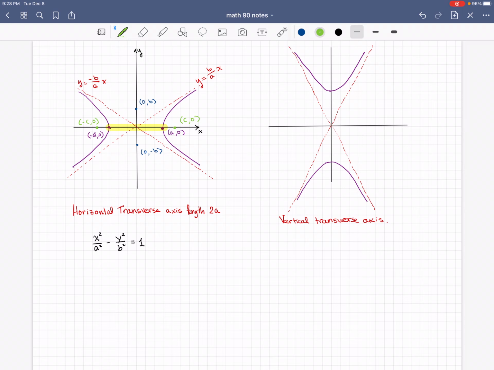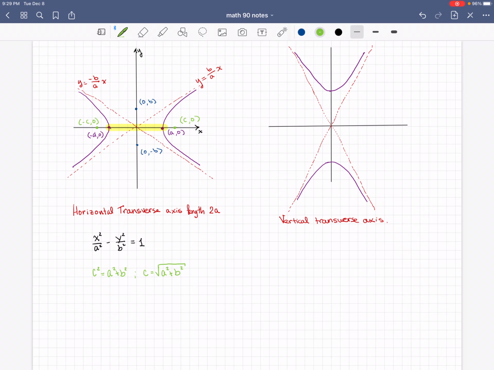Very similarly to the way in which we express c in terms of a and b for ellipses, we do so here as well. So c squared is a squared plus b squared. In other words, c is the square root of a squared plus b squared.